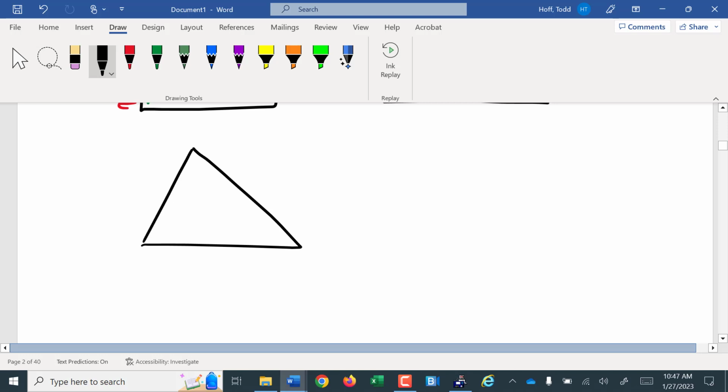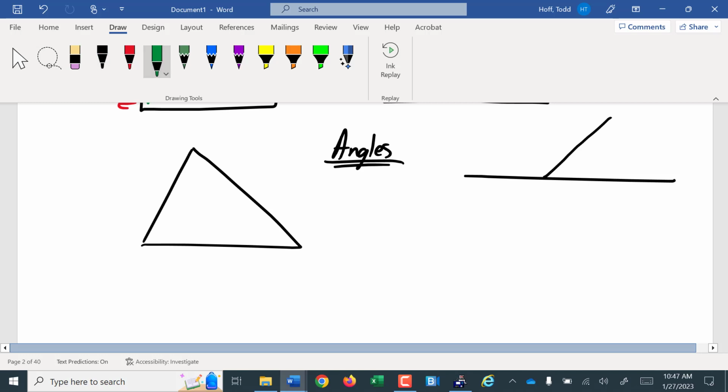So one of the first things we want to look at in the triangles, we're going to talk about the angles. There are special relationships in angles. The first one we're going to look at here, you don't need to remember the term, but the term is supplementary.